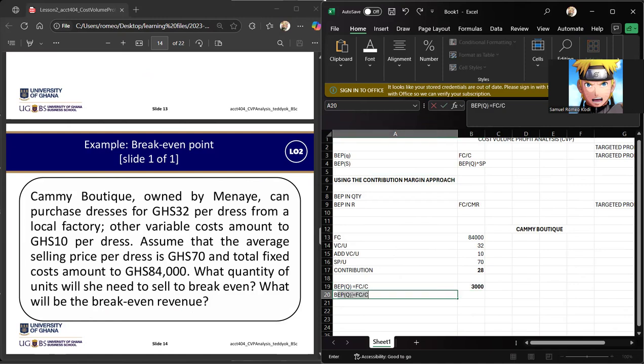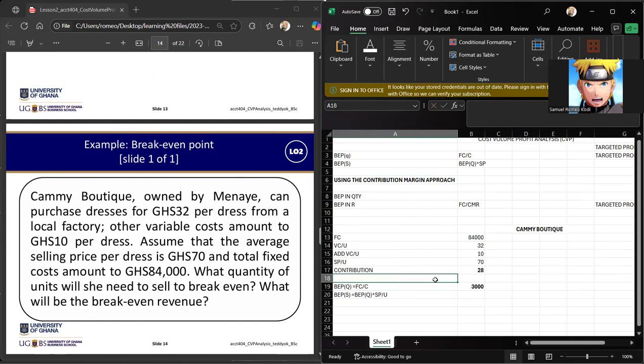Then our BEP in revenue equals our BEP in quantity, or units, times our selling price per unit.